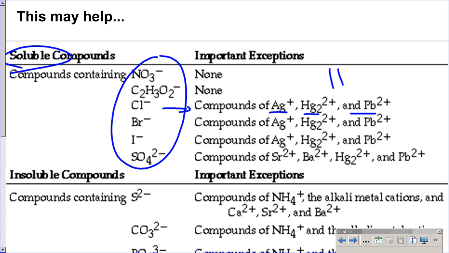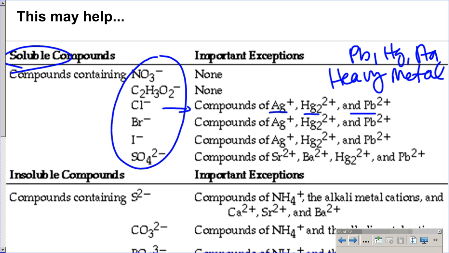Basically, if you have a heavy metal, lead, mercury, or silver, be very suspicious of it. It's probably going to be a precipitate. Those just commonly are going to drop to the bottom of a test tube. They don't dissolve well. But that kind of makes sense. Heavy metals just don't dissolve well. That's why they're like in your well water and they're used for jewelry. That's just how they are.